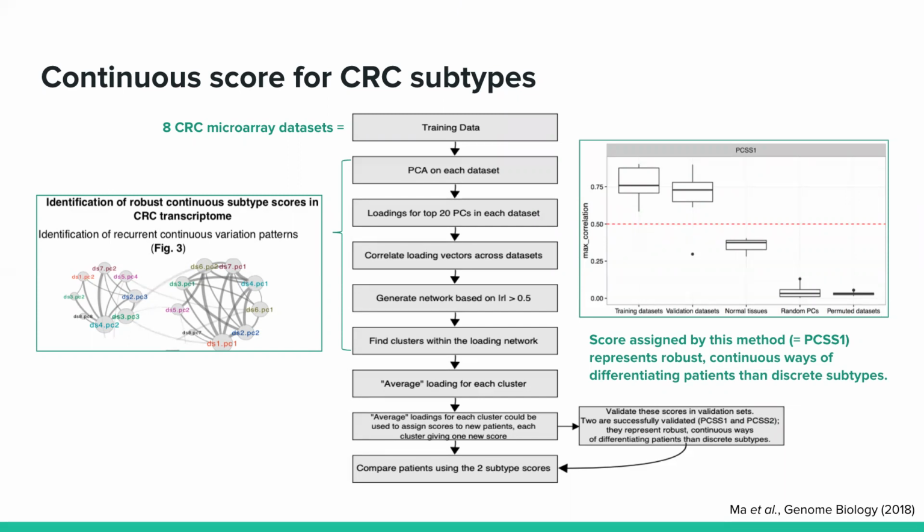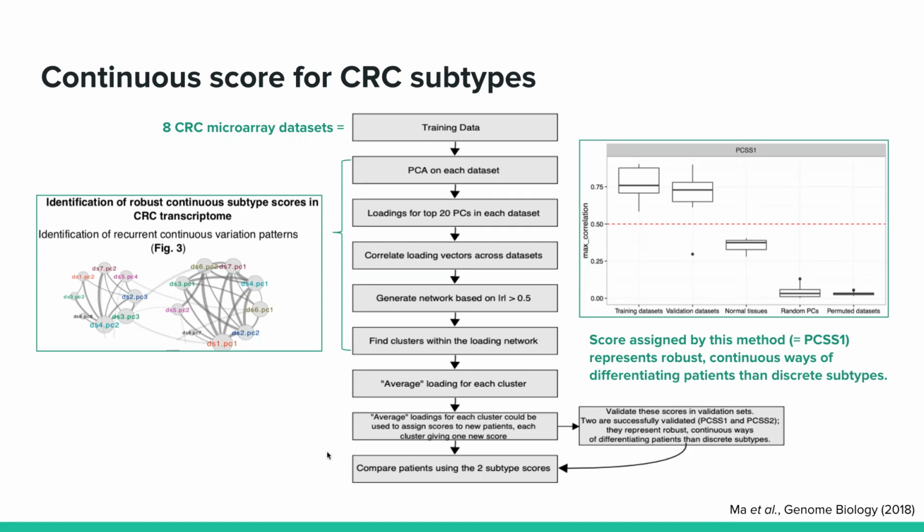So briefly, this CRC subtype project was a project that I started towards the end of my time as a postdoc at Harvard, and I passed off to another PhD student, Siwan Ma in Curtis Huttenhower's lab, who eventually finished it and published it in Genome Biology.